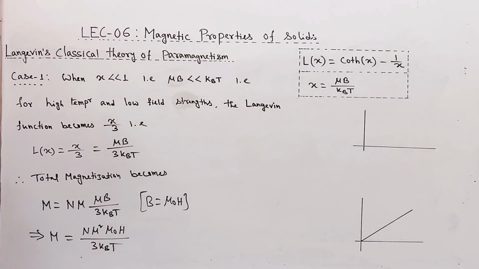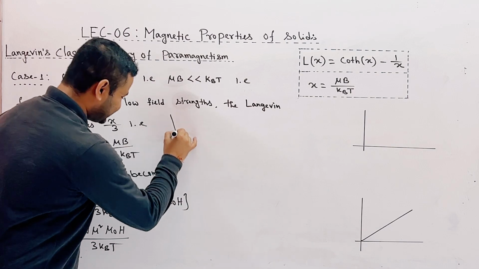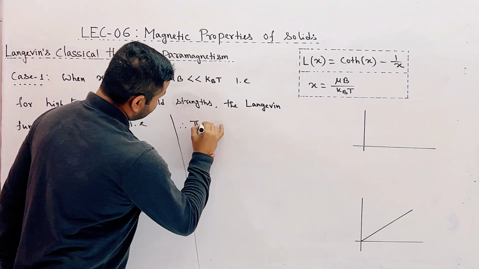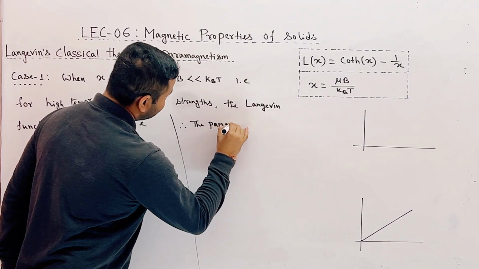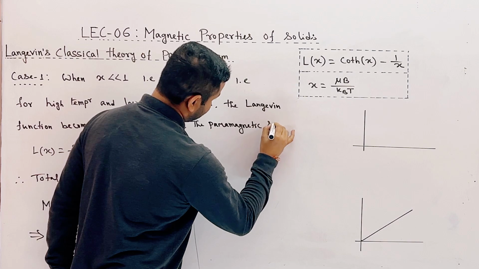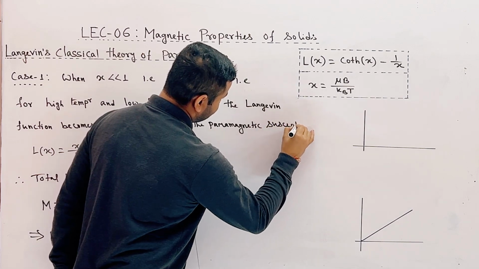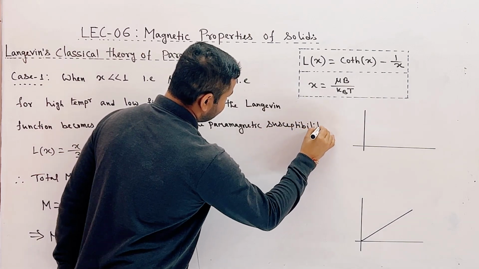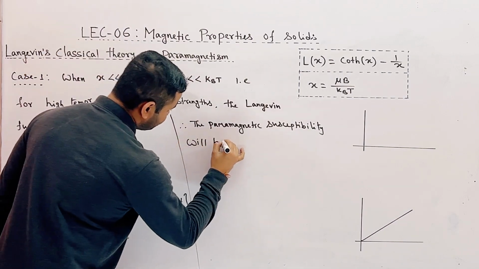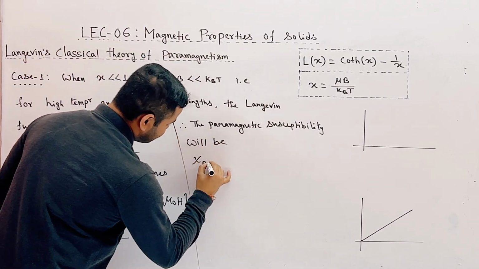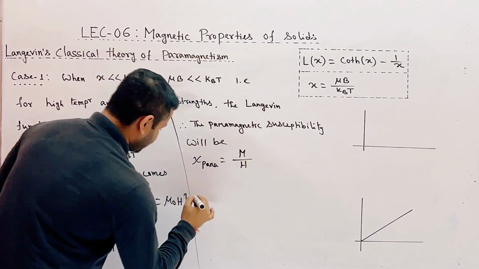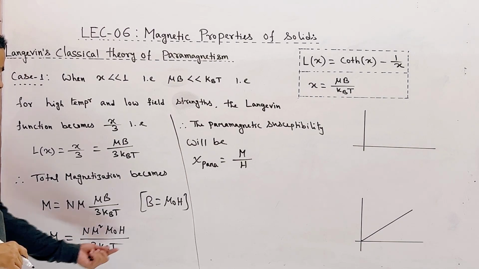So therefore the paramagnetic susceptibility xi is equal to M divided by H. So the value of M is this one.